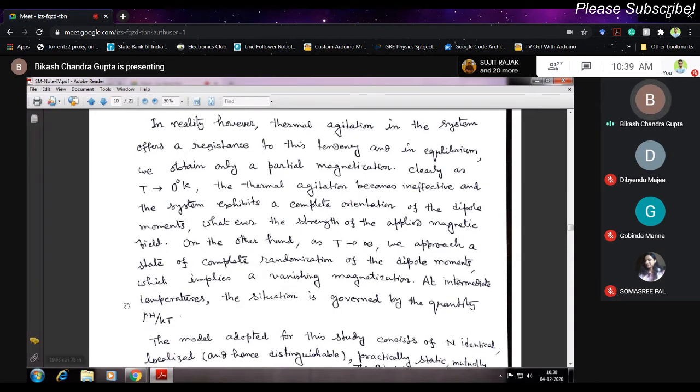because your force is related to this, the torque is related to this, mu h, and so this amount of energy will compete with the thermal energy, because mu h is the energy that will try to align it in the direction of the field, and kBT will try to resist that, or will try to agitate the magnetic moment.